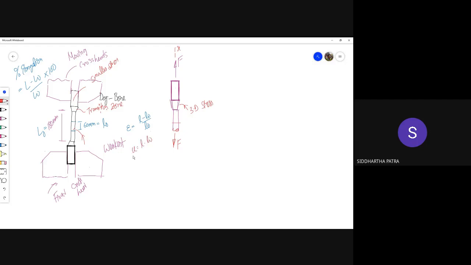This U can be measured from a device called an extensometer. So we would attach an extensometer. You will actually see that in the video, what is an extensometer. We'll come to that in detail. But the extensometer shows the reading of U. And here comes our second assignment question.